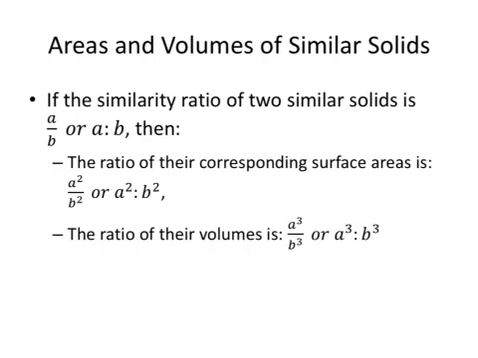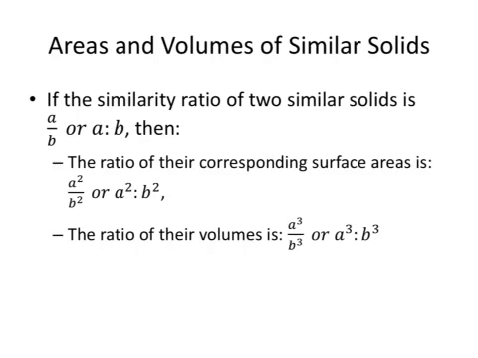Because remember, surface areas are talking about just 2 dimensions, even though, if we're talking about a cylinder, we've got that circumference times the height as that a round dimension. So the ratio of their corresponding surface areas is that similarity ratio squared. And the ratio of their volumes will be that similarity ratio cubed.